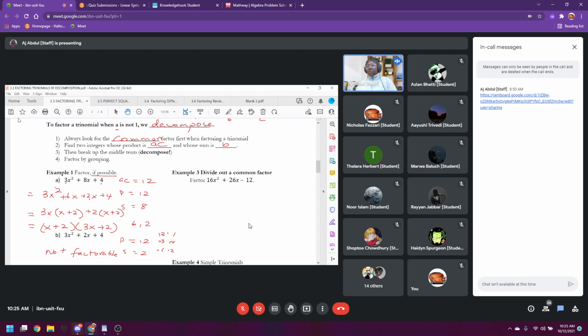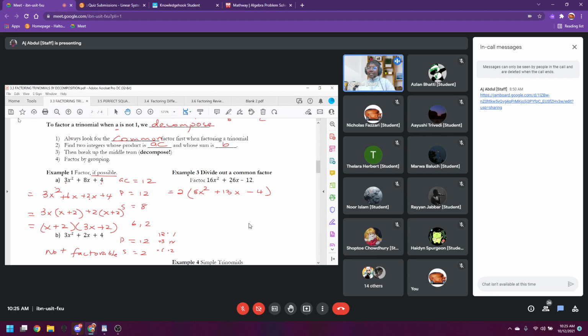Can I divide all by 4? No. If I divide 26 by 4, I will not get a whole number. So that means I can only factor out 2. So I common factor it, divide everything by 2, plus 13 minus 4. Okay, that's the first step.